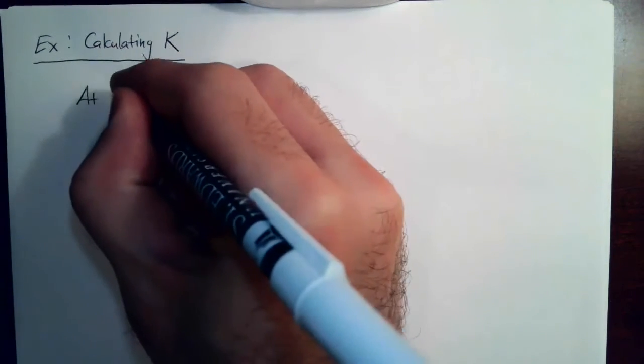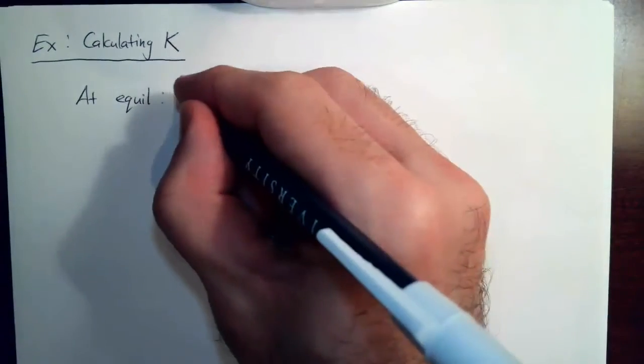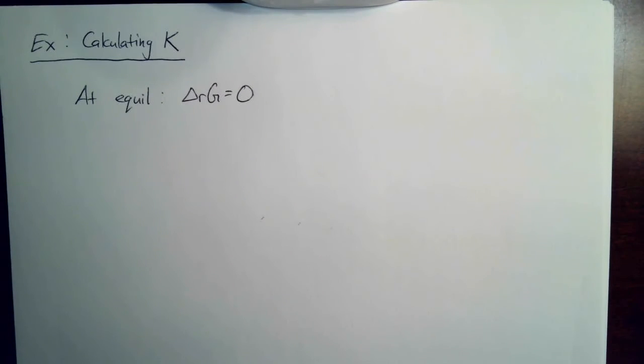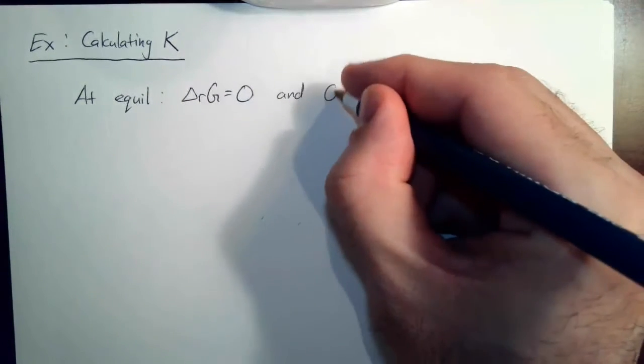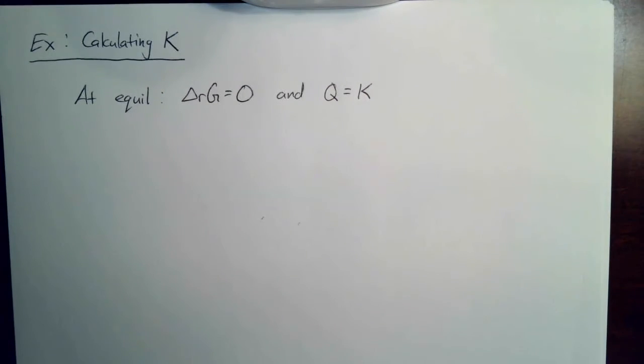So first, as a reminder, at equilibrium we know that delta Rg equals 0, as discussed in 6A.1, and we relabel Q as K at equilibrium.